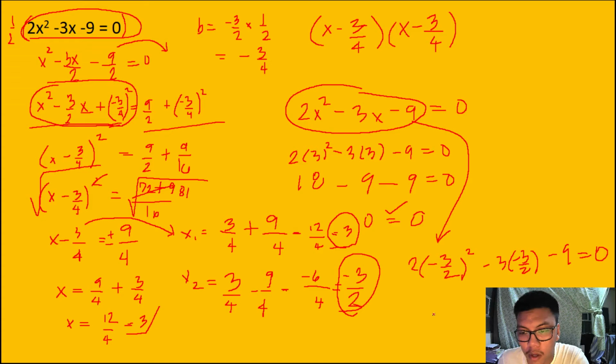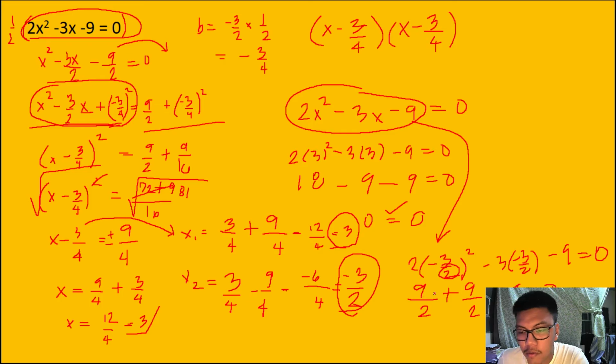Tingnan natin kung mag-i-equal. So square nito ay 9 over 4, di ba? So ito magiging 4, may 2 ka doon, so cancel na yung 2. So magiging 9 halves na rin. And then negative times negative will be positive, so 9 over 2, okay? Minus 9 is equal to 0.